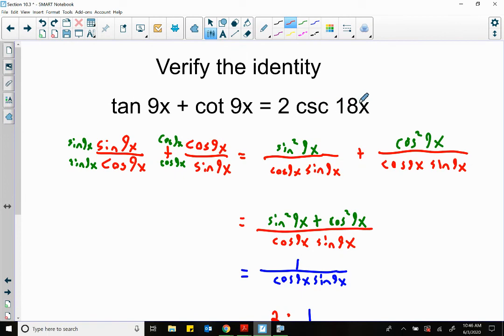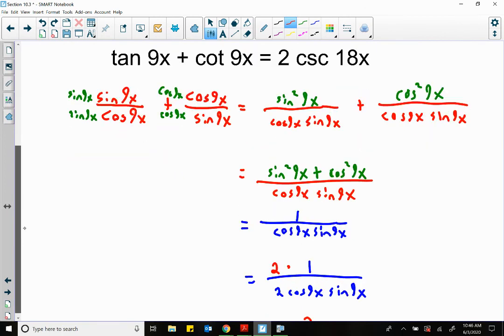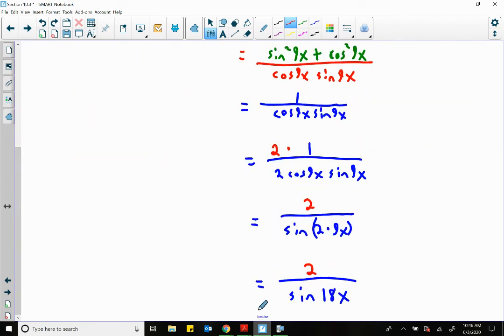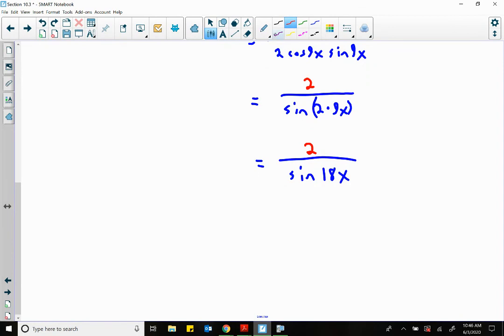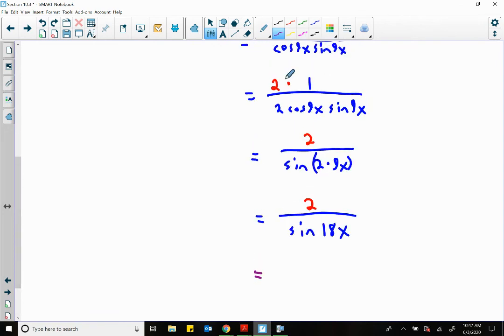And then cosecant 18x. Well, anytime you have sine in the denominator, sine in the denominator means you have cosecant. So that 2 multiplying by 1 up here helped us get exactly what we needed.